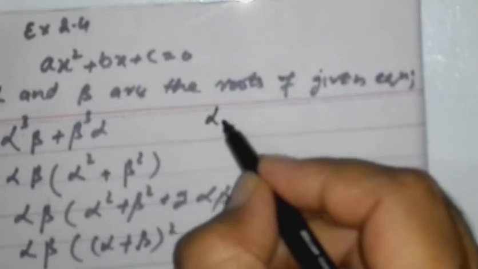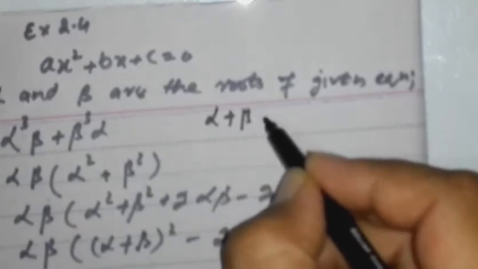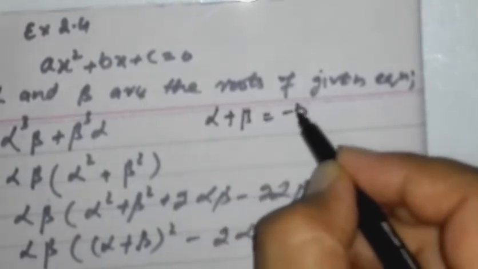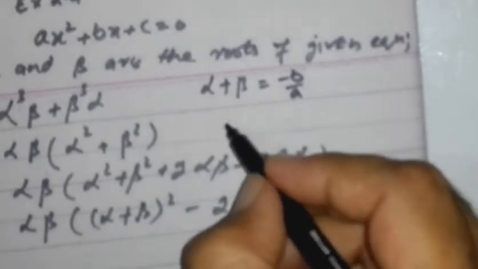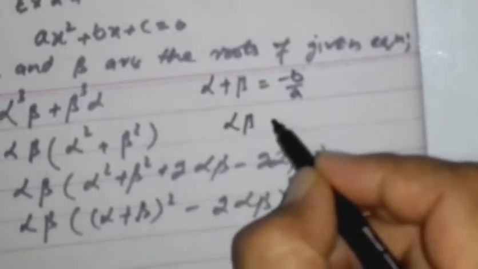Look here. Compare with ax square plus bx plus c equals 0. The a value is a, the b value is b, and the c value is c. Alpha and beta are the roots of the given equation. So we can write that the sum of roots, alpha plus beta, equals minus b by a, and the product of roots, alpha beta, equals c by a.